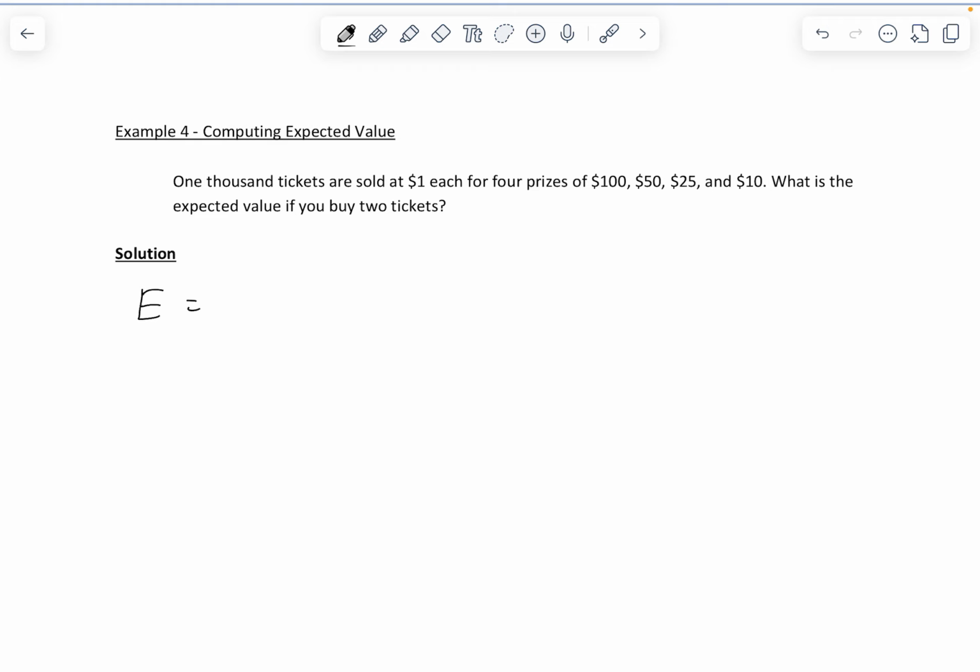So the probability of winning the $100 is 1 out of 1,000. If you win the $100, you don't actually get to keep $100. You get to keep $99 because you have to pay $1 to buy a ticket. The probability of winning the $50 prize is also 1 out of 1,000, but you only get to keep $49, again because you have to buy the ticket.